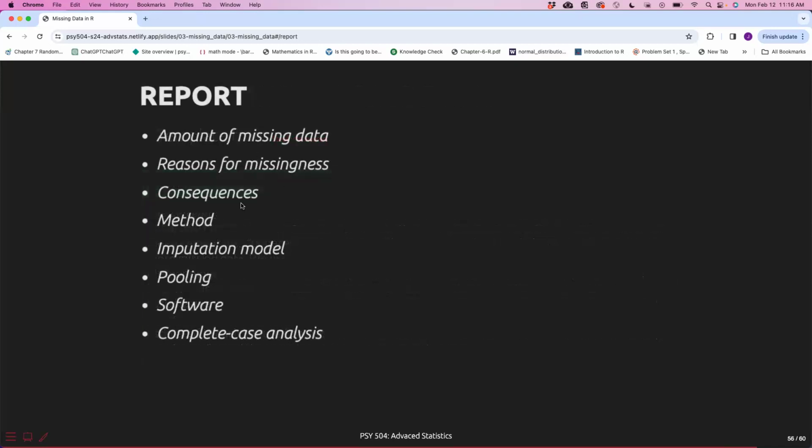Overall, you should discuss the amount of missing data, the reasons for missingness, the consequences of missingness, the method you used, the imputation model, what type of pooling was used, and the software and packages you used. You should also include a complete case analysis, so you can compare the listwise deleted analysis with the analysis using the multiple imputation or imputation method you used, to see if there's any differences.